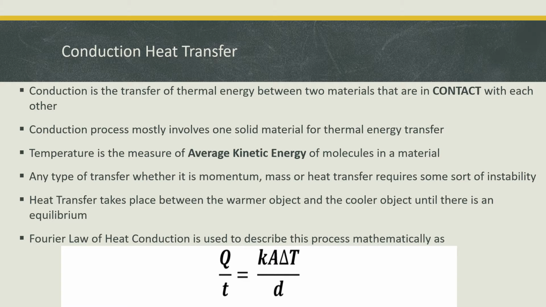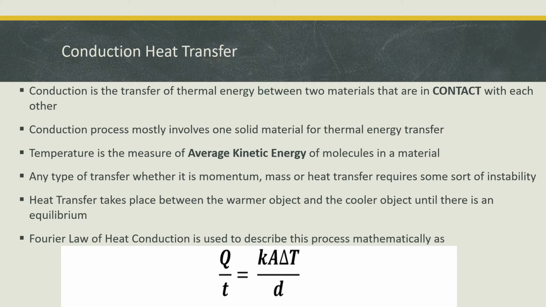The Fourier law of heat conduction is used to describe thermal conduction, which is given as Q/t = K × A × ΔT / d. Here Q is the heat transfer rate per time t, and K is the thermal conductivity, which depends on the intrinsic material properties.